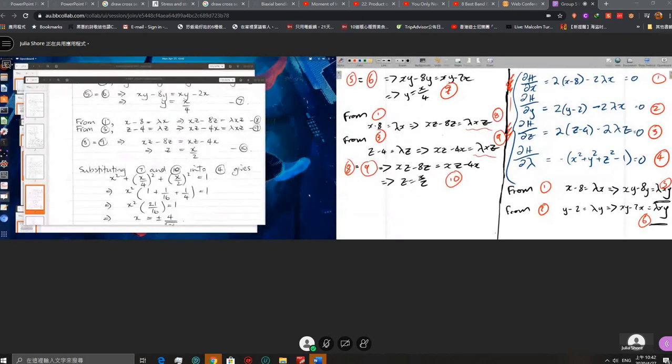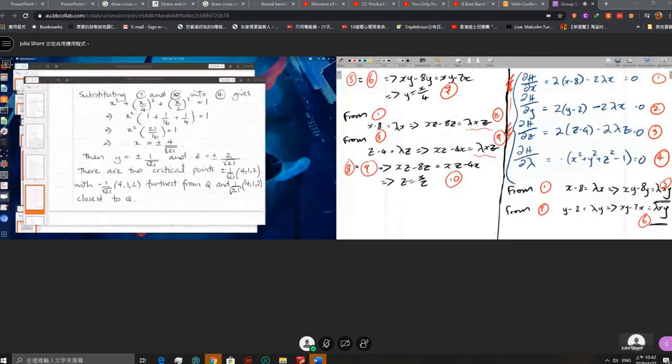So now we can hopefully find some values for x.